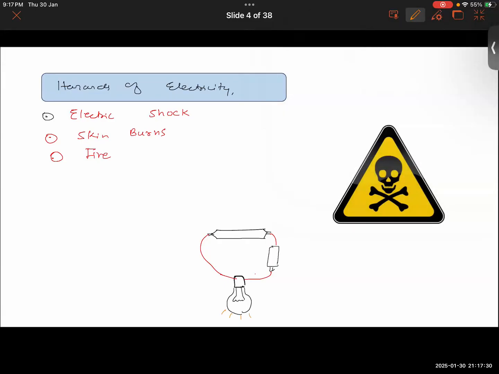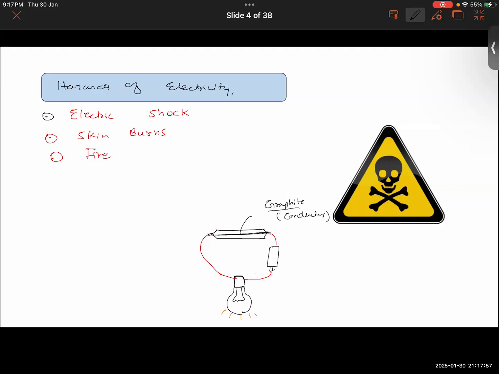This shows that the graphite rod is a good conductor because it allows the electricity to pass through it. A material that allows electricity to pass through it is called a conductor. Yes or no?